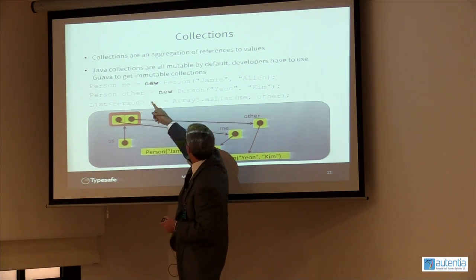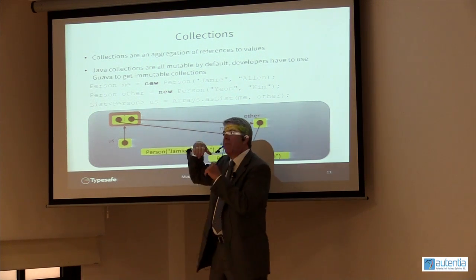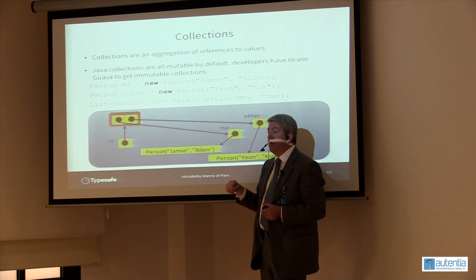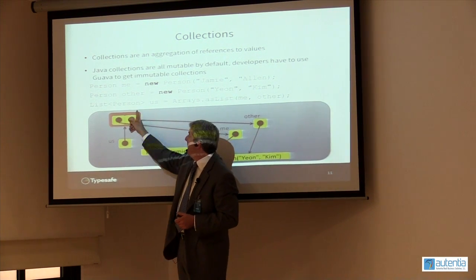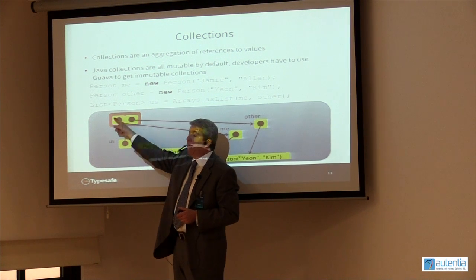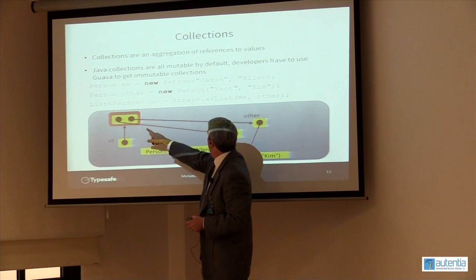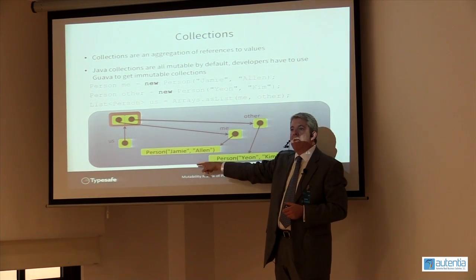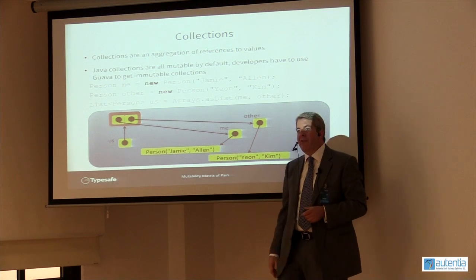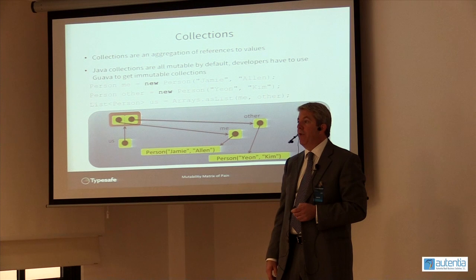I define some person, other, that's my wife. And then I have a list of persons that I'm going to put them into as an array list, right? So I have us here, and I have my array list here containing the array. And then I've got pointers going to the me and the other, which then point to the actual values. So when you access a value inside of a collection, you are actually walking a lot of pointers.